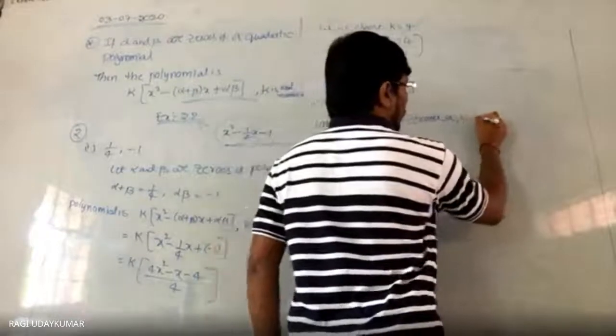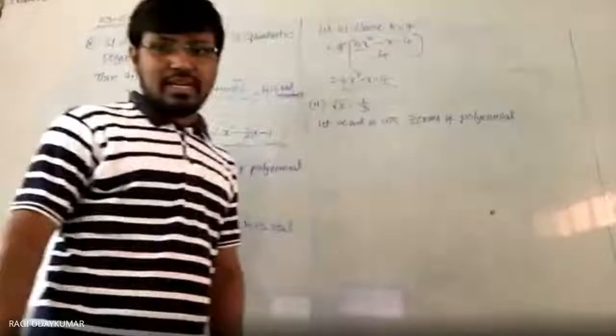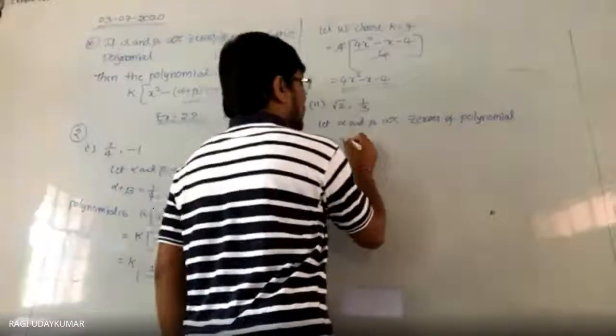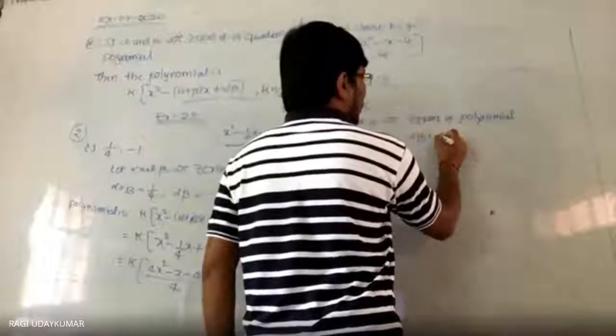Now alpha plus beta, as per the given question, is √2, and alpha into beta is 1 by 3.